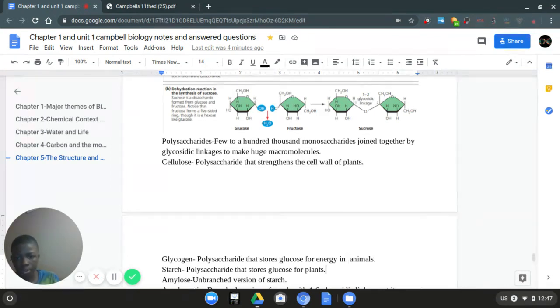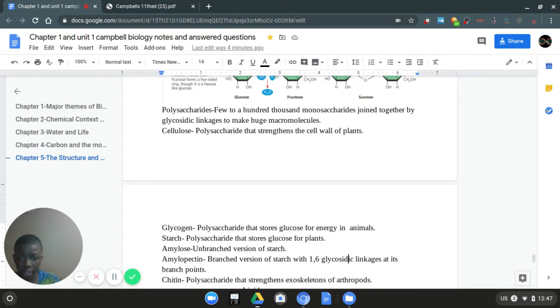Now there are two forms of starch. The first one is amylose, which is basically the unbranched version of starch. Unbranched just means there are no branches; it's basically a continuous linear chain. But then amylopectin is the more complicated, branched version. It's not a linear chain, and at the branch points you have 1 to 6 glycosidic linkages.